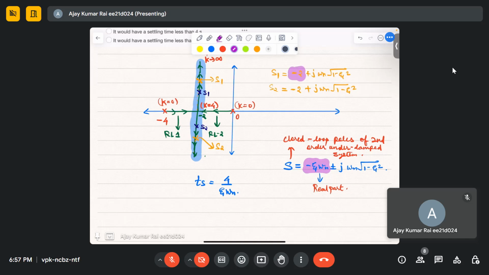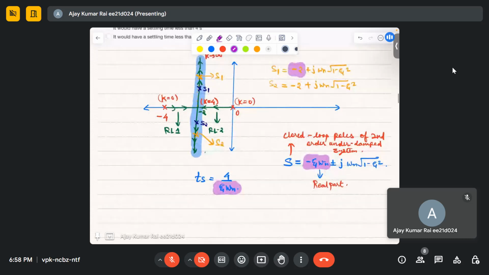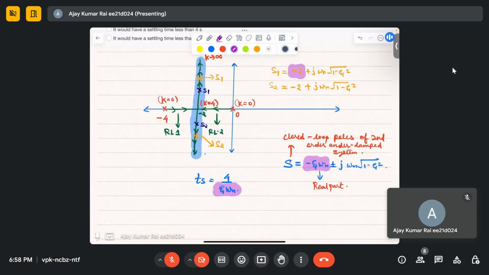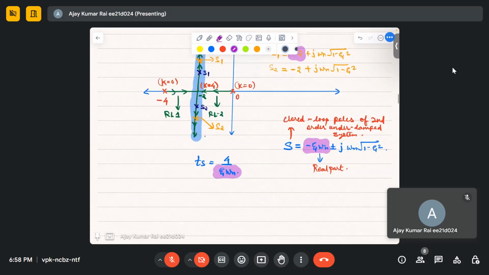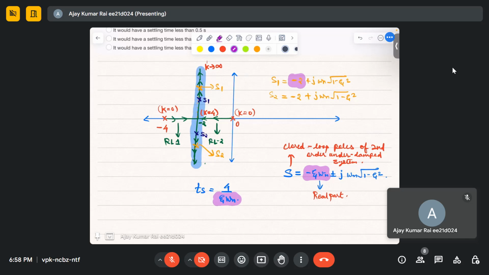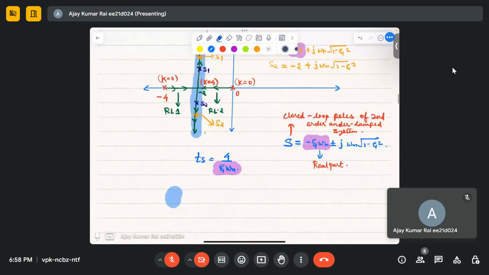I want you to relate this and this, because ultimately what you have to find is the settling time. The real part of the closed loop pole is minus zeta into omega n. From the root locus, this value is equal to 2.